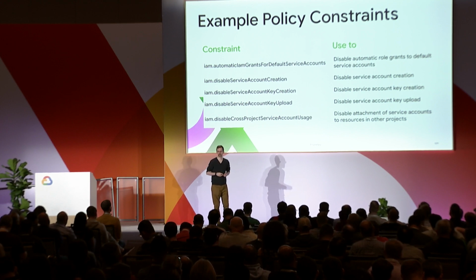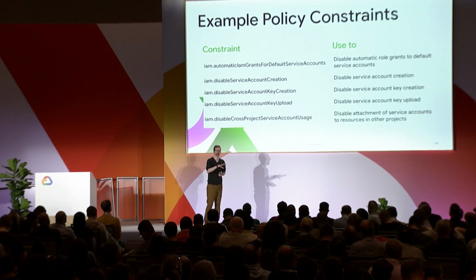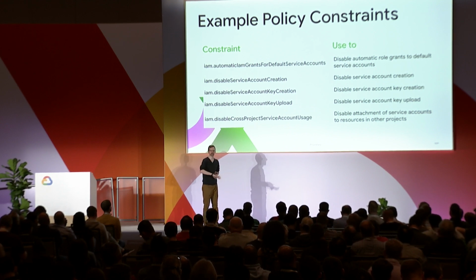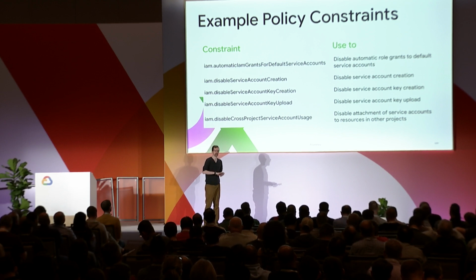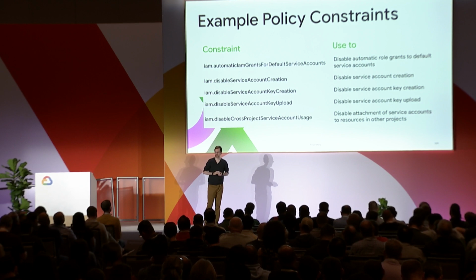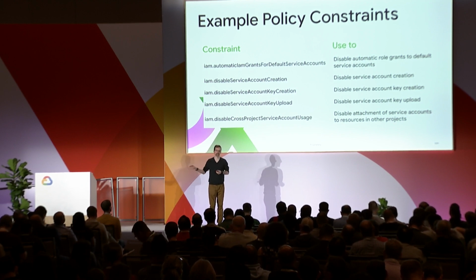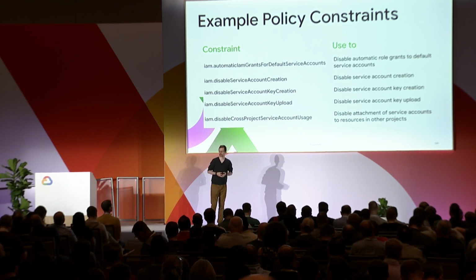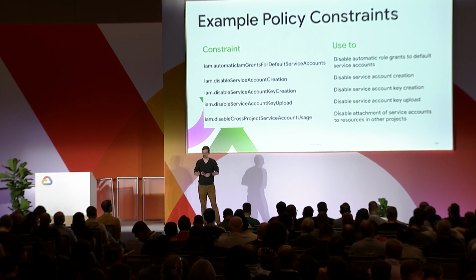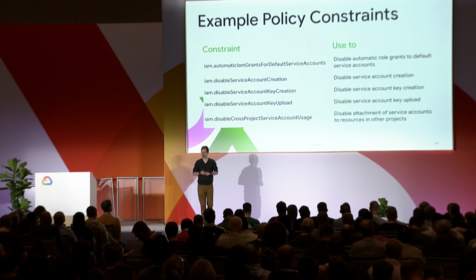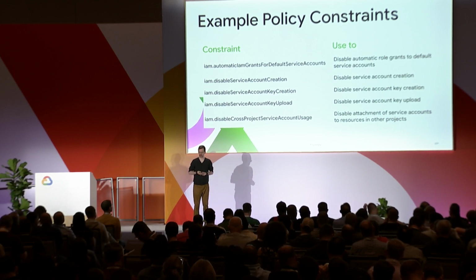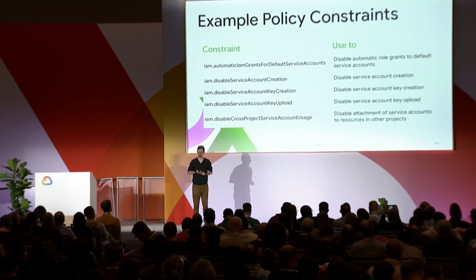This can be easily overlooked because when you look at a particular project's IAM policy, you may not see that service account used, but it's actually used in a different project. This can lead to confusion and to leaks where data from one project can be leaked into another project. So disabling this can sometimes help security teams when they want to set up organization policy.